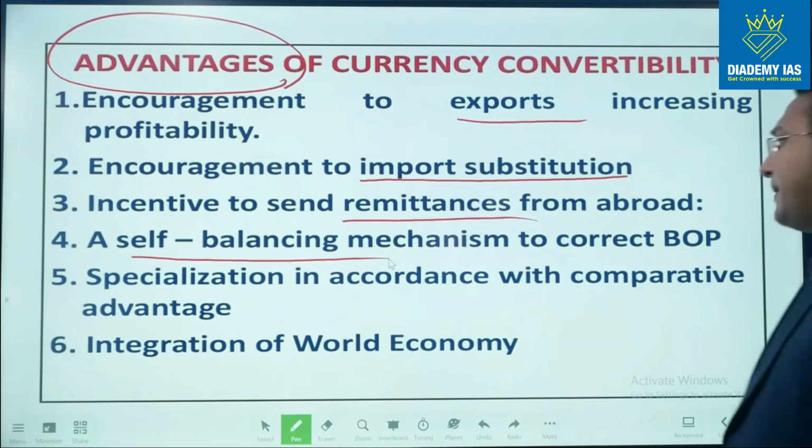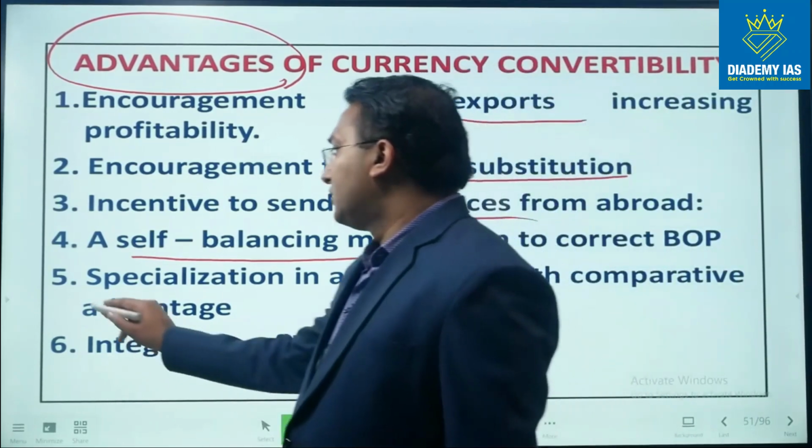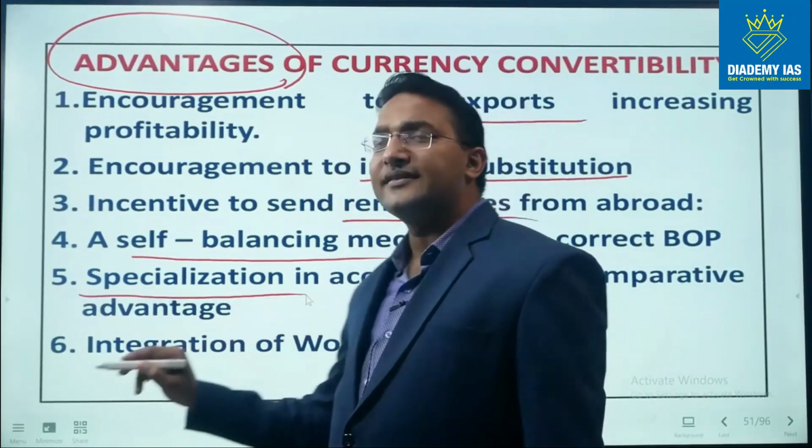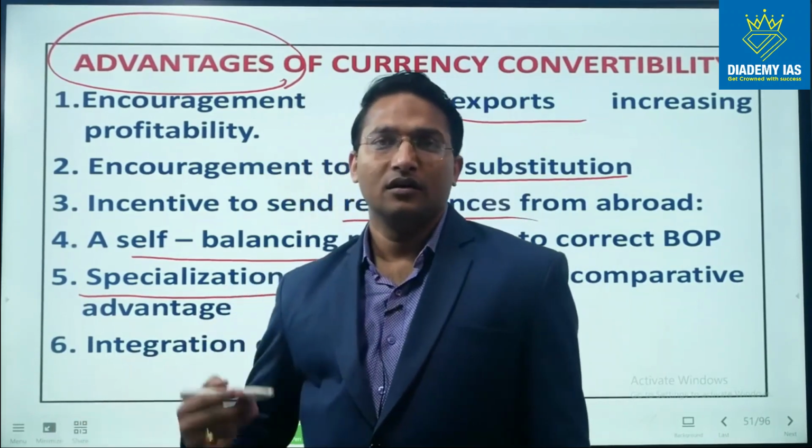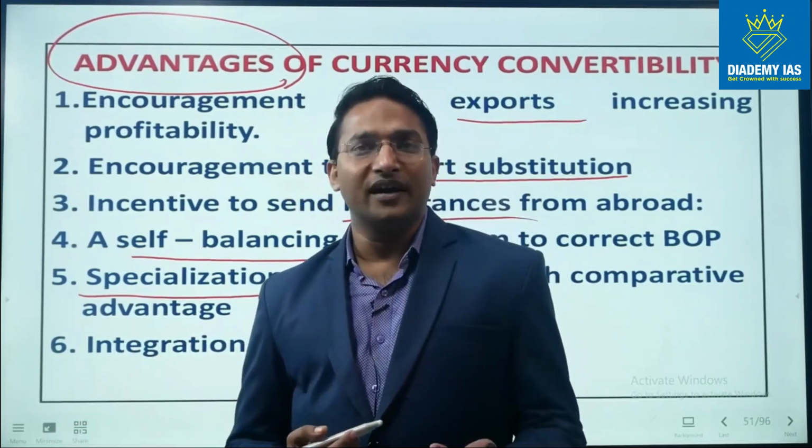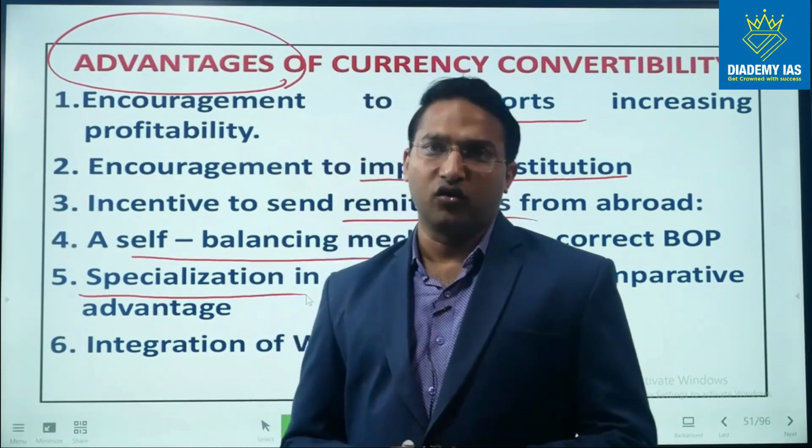Specialization in accordance with comparative advantage, right? So the countries can specialize in their strength. For example, in India we have a highly educated workforce.